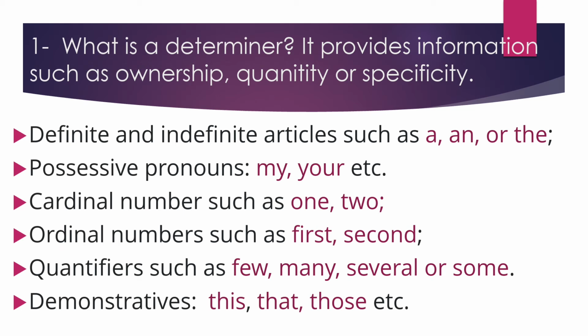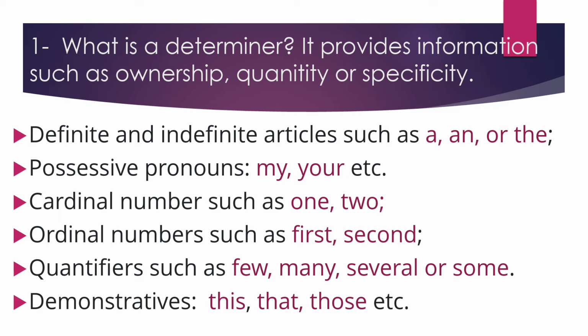Let's go over each of the categories of adjectives separately. What is a determiner? It provides information such as ownership, quantity, or specificity. Definite and indefinite articles are included in it, such as a, an, or the. A, an are the indefinite articles, and the is the definite article. Possessive pronouns like my, your, etc. Cardinal numbers such as 1, 2.